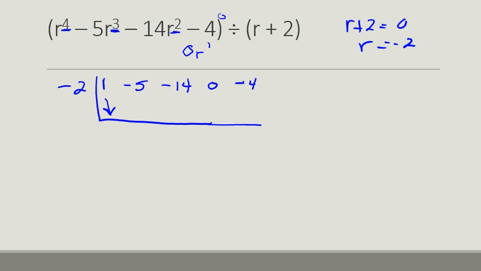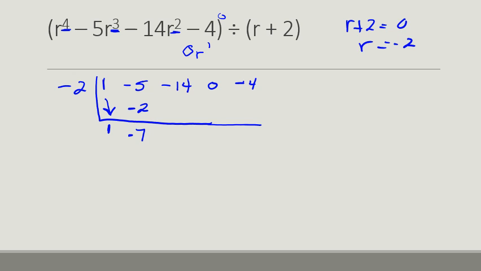So I bring down the 1, and negative 2 times 1 is negative 2. If I add, I get negative 7.